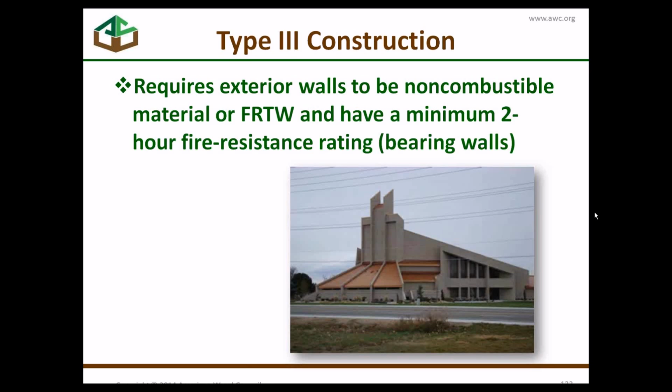Type 3 construction. By definition, Type 3 construction has to have non-combustible or fire retardant treated wood exterior walls. Type 3 construction may be an area, in my opinion, where some code development is in order. Type 3 construction comes from originally what was called ordinary construction, which is traditionally masonry exterior walls on the exterior of a building.